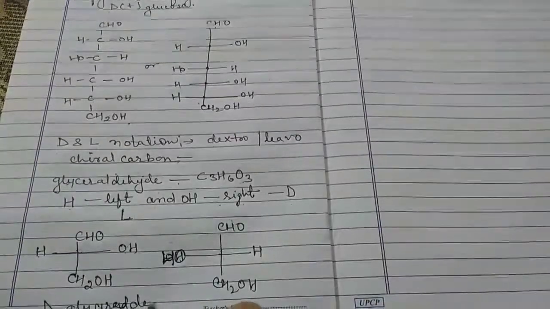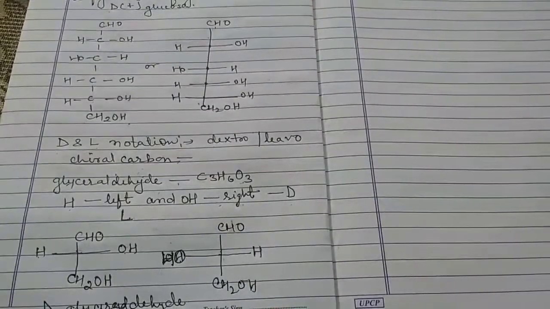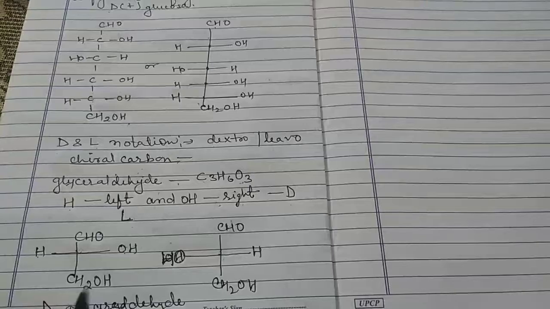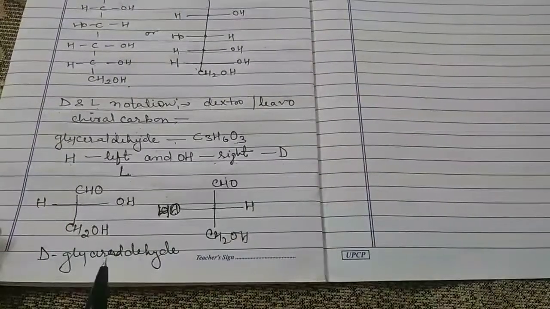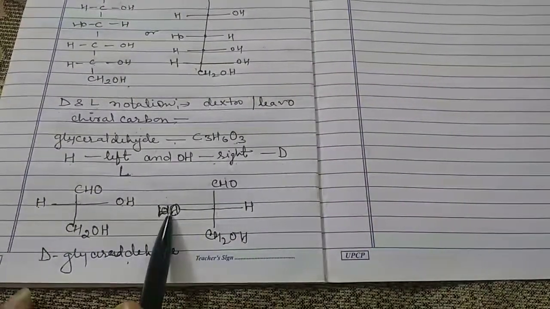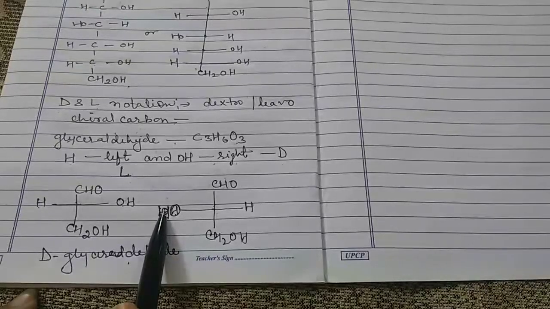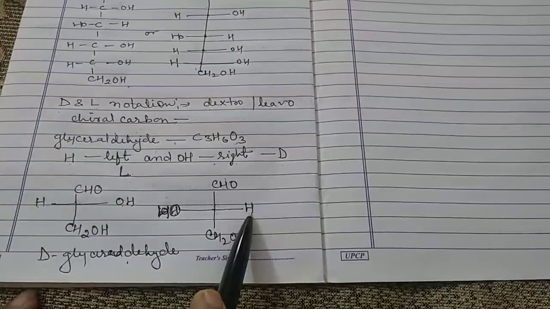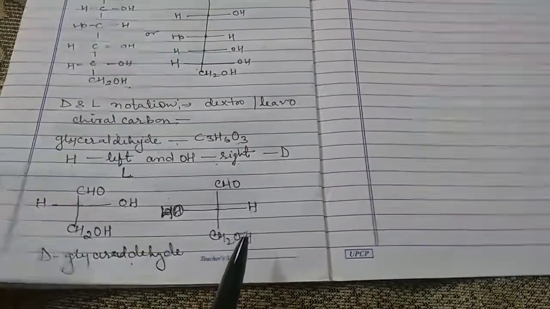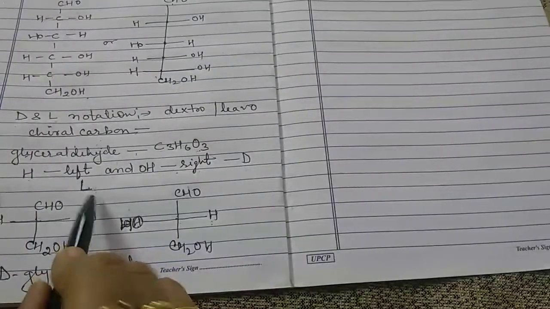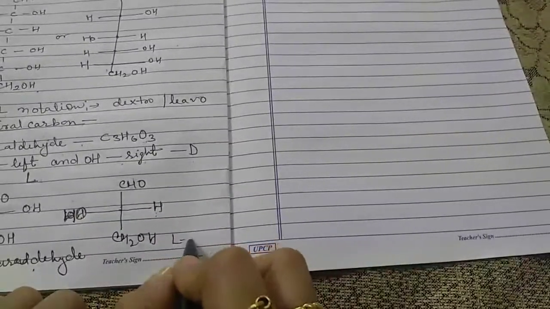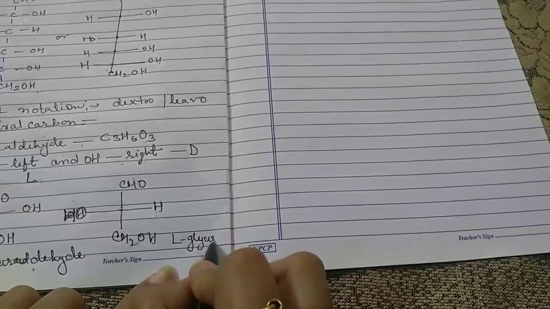L is the opposite of D. It means the OH group is at the left hand side and the H is at the right hand side, so it is termed L. This is L glyceraldehyde.